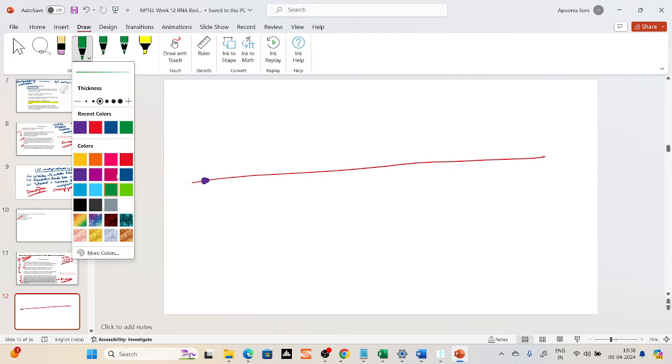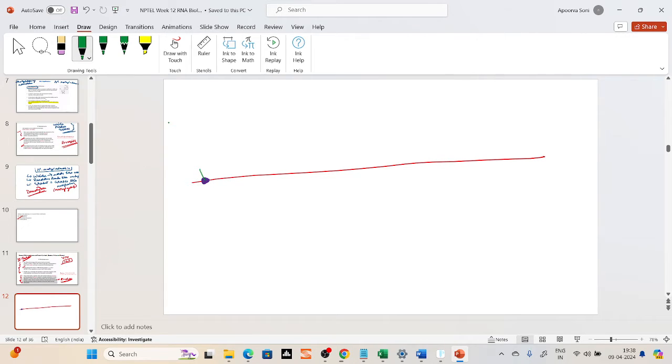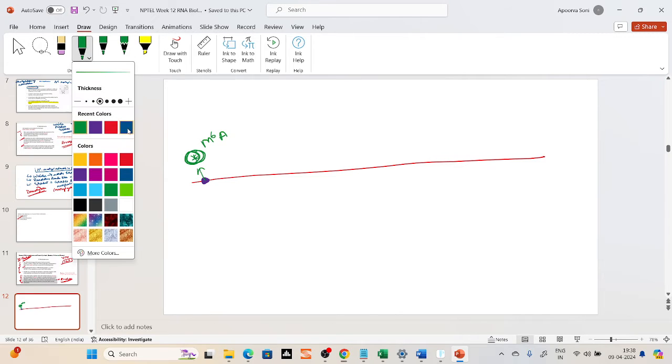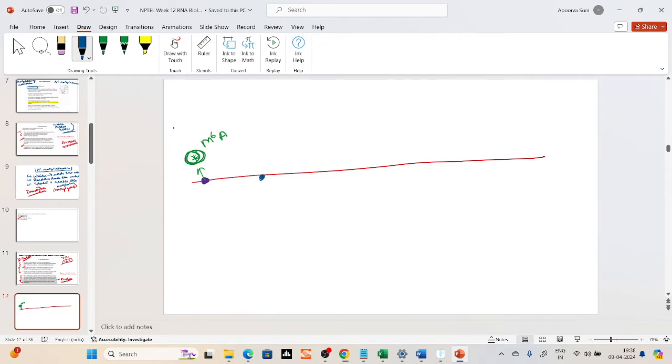And here is the modification, M6A. Okay. Now, all these are the places where adenosine is present.